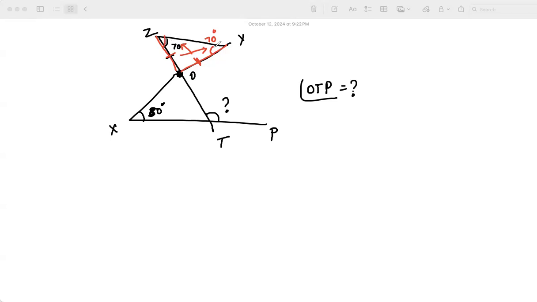So these two are 70 degrees. Then the sum of the angles in a triangle is 180, so this becomes 40. Vertically opposite angles are equal, so that becomes 40. Given this as 80 and 40, we find this as 60. Now this one, 180 minus 60 is 120.